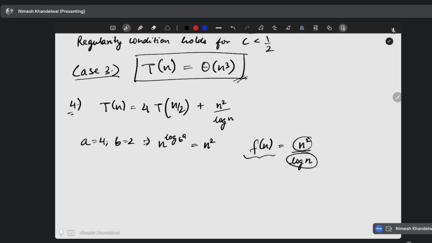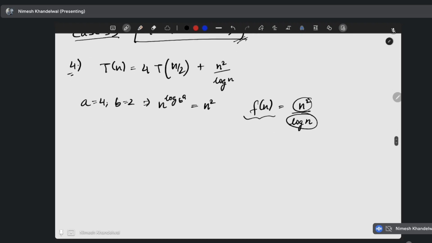Because initially it is slower, but going forward it grows, right? So for all values of n, the behavior is not well defined. So in this case, the master theorem does not apply, right?